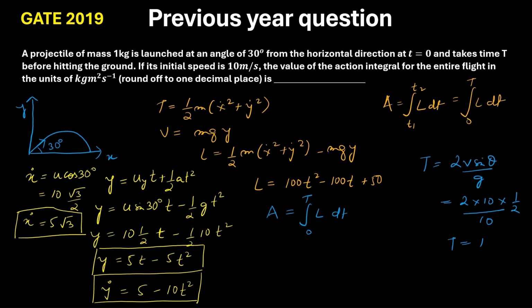So the action becomes the integral from 0 to 1 of 100t square minus 100t plus 50 dt. You can do this integration, and finally you'll get 200 by 6. So this is 100 by 3, which is 33.3. So this is the answer.